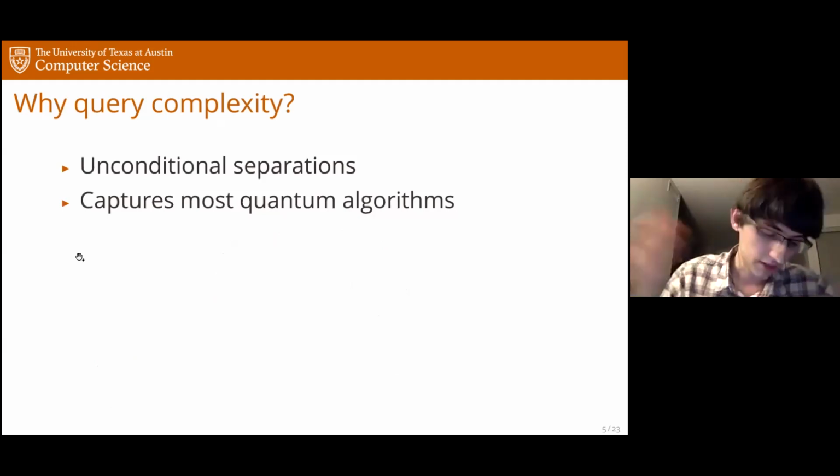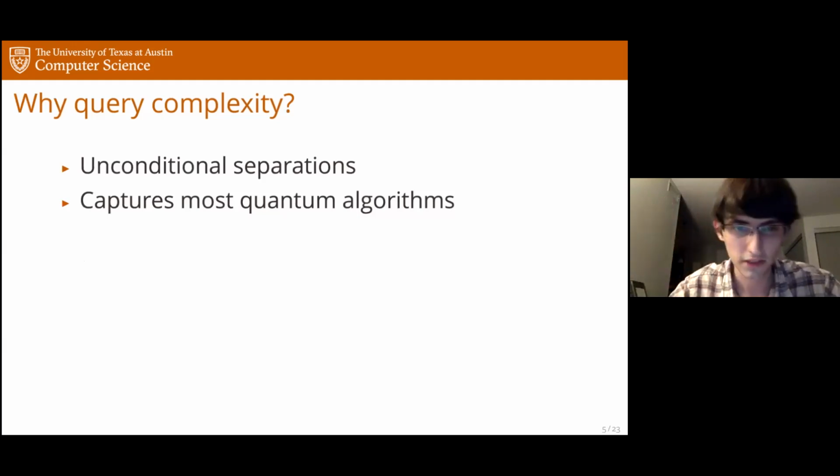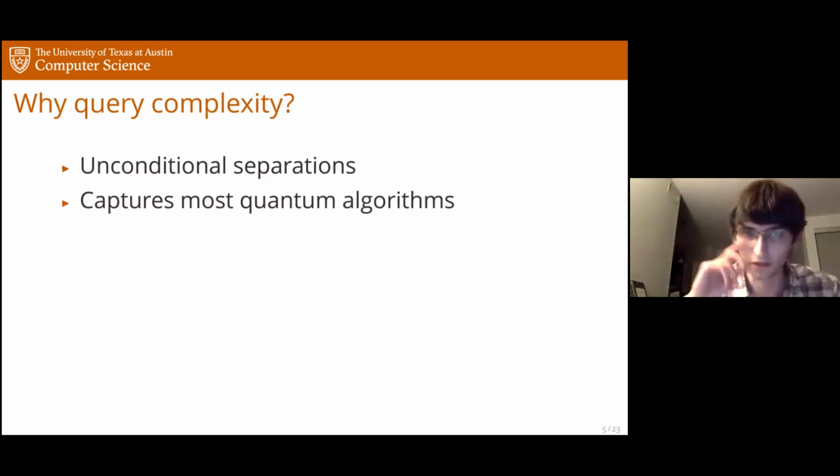Now, why do we study query complexity? I think there are 2 main reasons. One is something I alluded to in the first slide, which is that unlike a lot of other things in complexity, we can actually prove unconditional separations. The other reason is that in practice, it captures most quantum algorithms, maybe even almost all quantum algorithms.